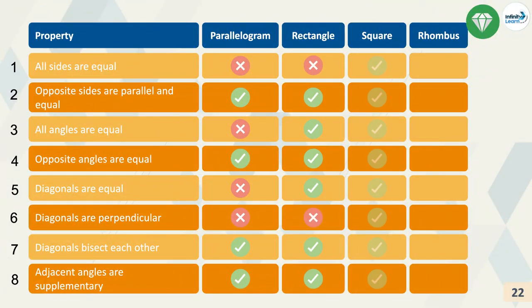Properties of each of the following: all sides are equal in a square and rhombus, opposite sides are parallel and equal in all of these, all angles are equal in rectangle and square, opposite angles are equal in all of these, diagonals are equal in rectangle and square, diagonals are perpendicular in square and rhombus, diagonals bisect each other in all of these, and adjacent angles are supplementary in all of these. These are the important properties of parallelogram, rectangle, square, and rhombus. Clear?